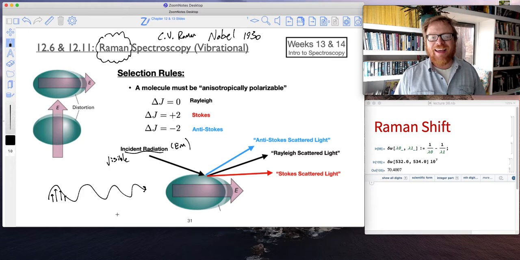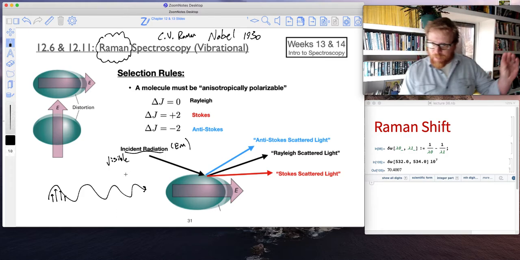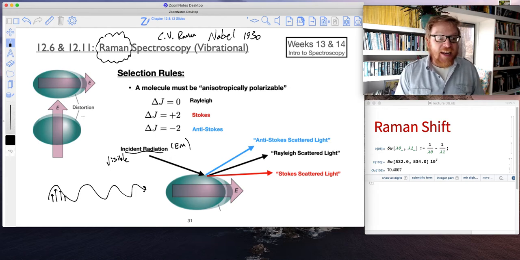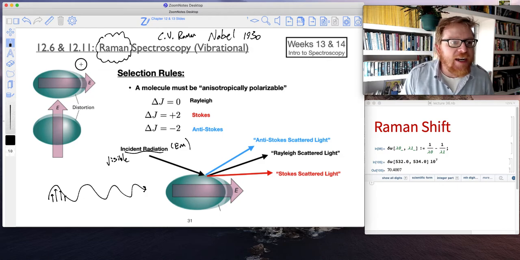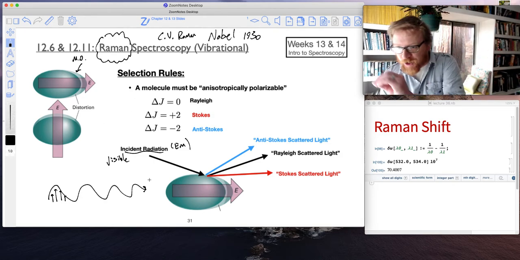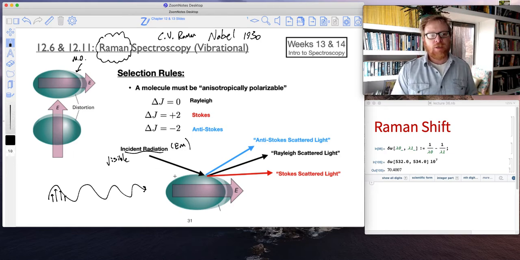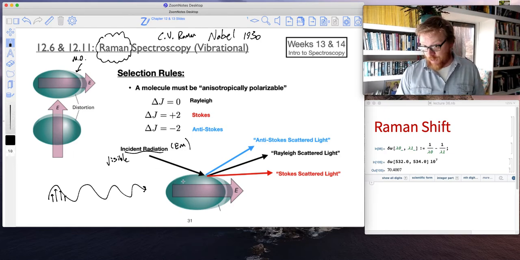When there's a really intense field of light bombarding a molecule, it can actually distort the electronic environment. Okay? So this shaded area that you're seeing are the MOs, the molecular orbitals, getting distorted from their resting, room temperature ground state configuration.